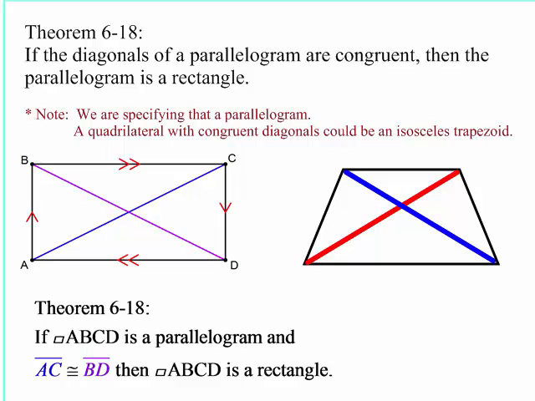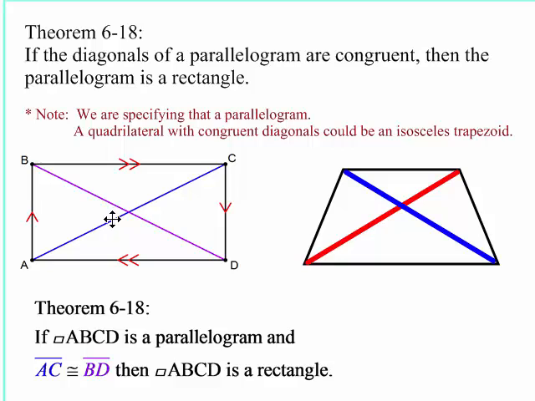So our next theorem, Theorem 6-18. If the diagonals of a parallelogram are congruent, then the parallelogram is a rectangle. So we start out with ABCD is a parallelogram. Look, I have that specified here. And you can see in the picture, I got the same situation. The opposing sides are parallel. And then if AC, that diagonal, is congruent to BD, then it's a rectangle.